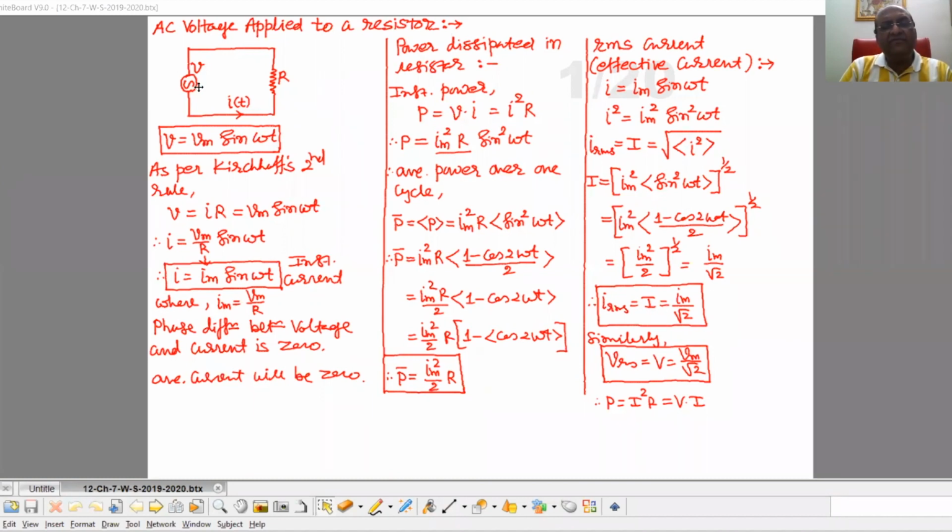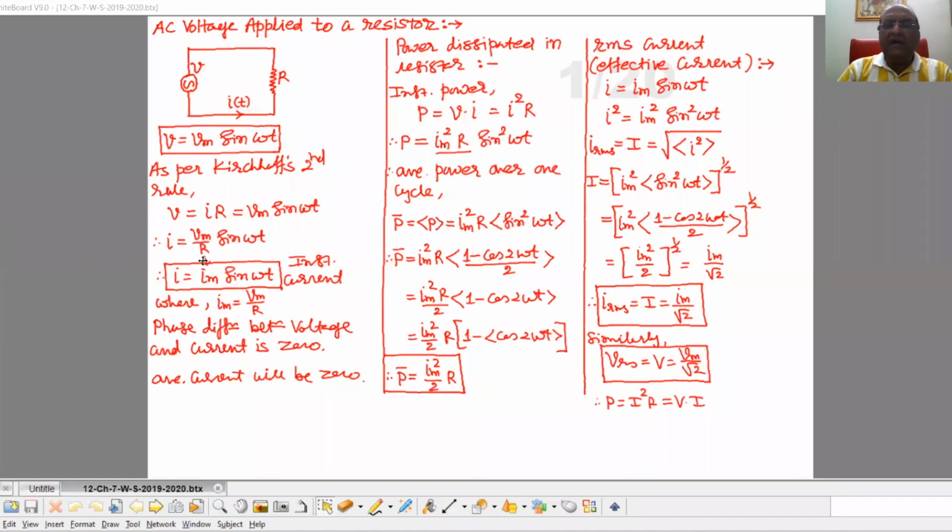So this is the current at a particular instant t. Now AC supply voltage V is Vm sin omega t. As per Kirchhoff's second rule, if current I is flowing through resistance R, then V equals IR, and V is Vm sin omega t. So we can write I equals Vm by R into sin omega t.